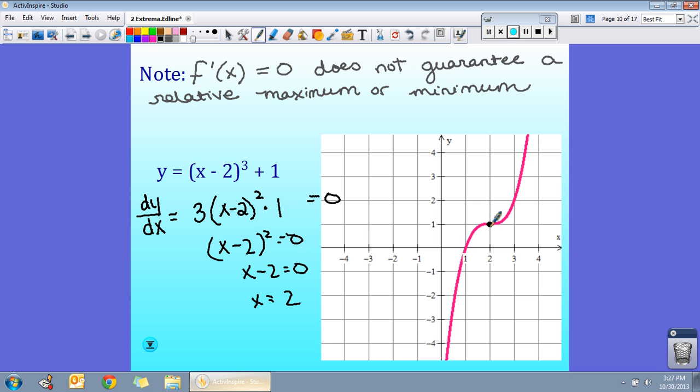So we know that the slope is 0 when x is 2, but the slope is positive before that x value, and it's also positive after that x value.